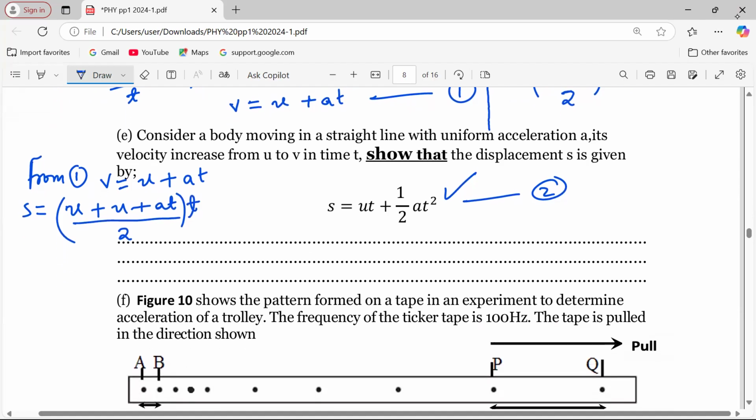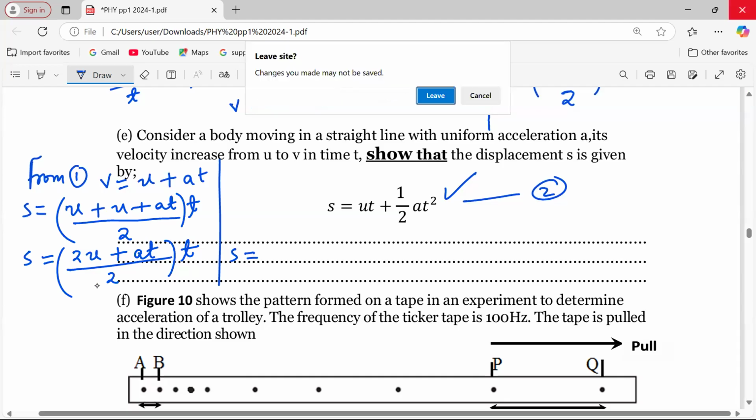At this point, we can group a few things together. This becomes 2u plus at over 2 multiplied by t. We can talk about s equals to, when we have 2u over 2, that can simplify to u.